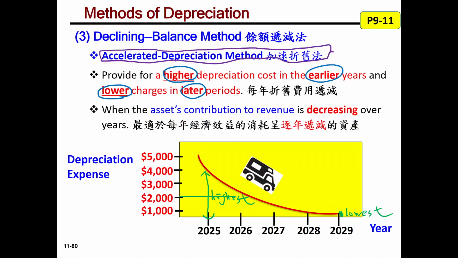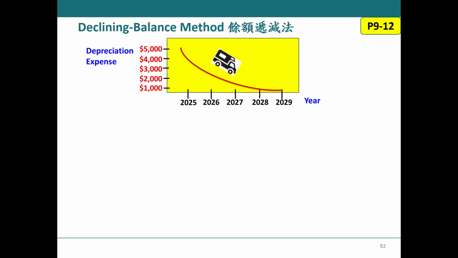So based on this, how do we get the number? Remember, this is what we want: first year highest, last year lowest. In order to get the result we want, the formula will be different from the last two methods. The formula here is totally different. So what's the result we want?